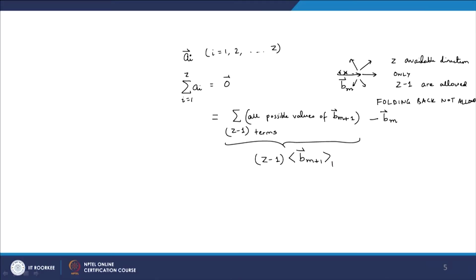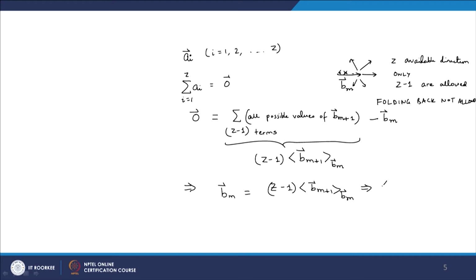Okay. But that average is now for a given value of Bm, because if Bm is changed, then this expression will also change. Okay. So, from this what I can get is that Bm is equal to z minus 1 multiplied by the average of Bm plus 1 for a given value of Bm.